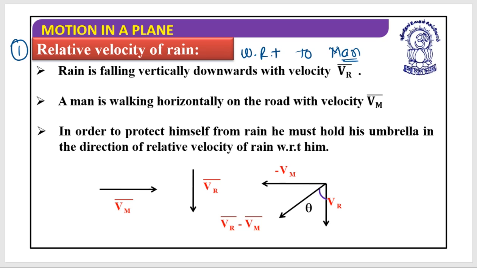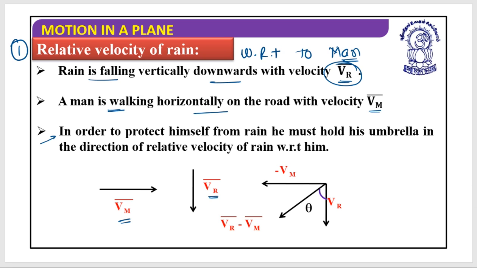Great. So suppose that rain is falling vertically downward with velocity VR, and a man is walking horizontally on the road with velocity Vm. So here is the situation. This is VR and this is Vm. Always the question would look like this.